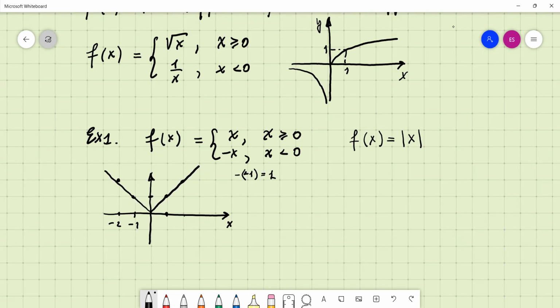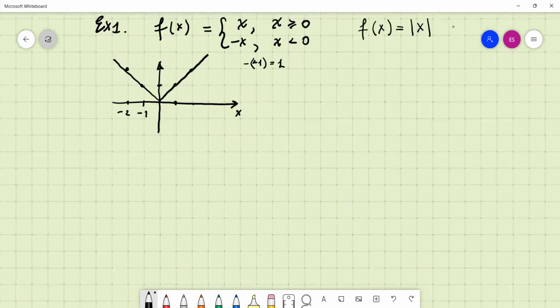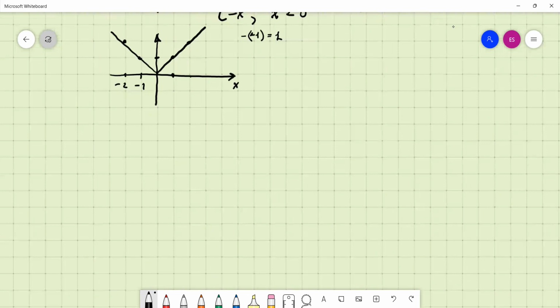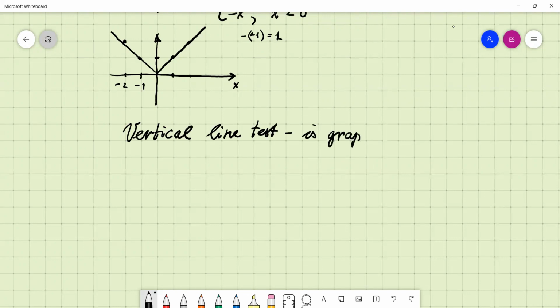Okay, very good. Now guys, let's talk a little bit about graphs and how we can find out whether a graph represents a function or not. So, the vertical line test. Is the graph a function or not?